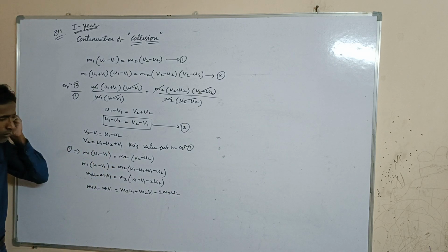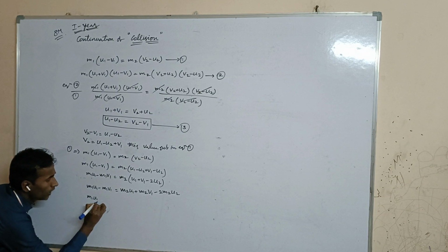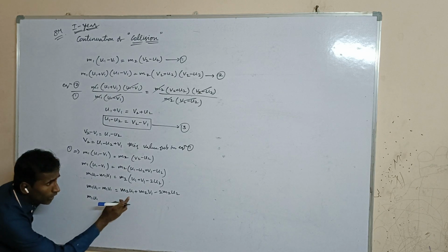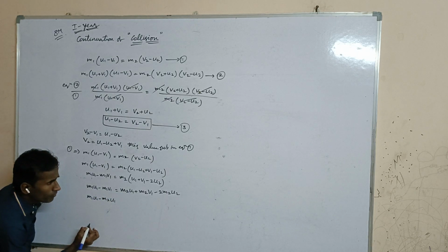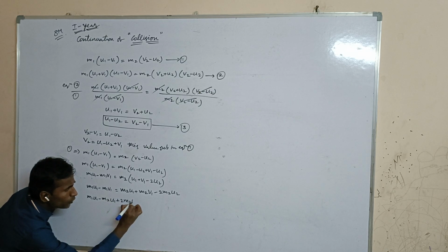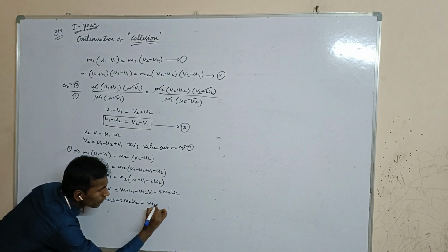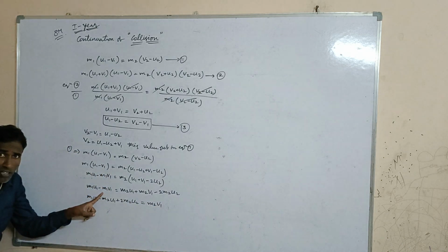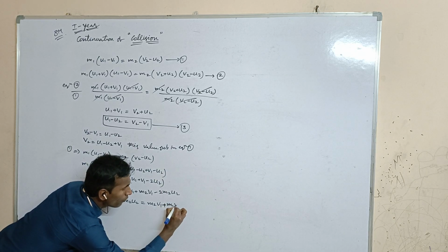Now see here, again m1 u1, and the m2 u1 value you bring to this side as minus m2 u1, and this one also plus 2 m2 u2 is equal to m2 v1, and minus m1 v1 we take to the other side, that is plus m1 v1.